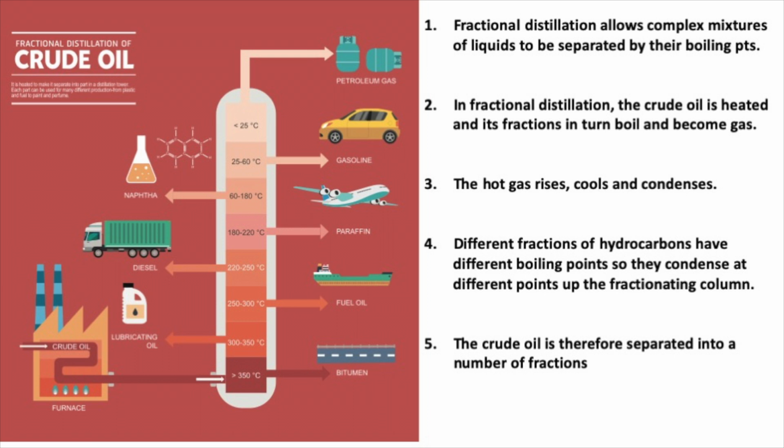The different fractions include the petroleum gases, which are used for things like camping gas, and the gasoline or petrol fraction, which is used for fueling cars, the paraffin fraction, which includes kerosene, which is used as jet fuel, the fuel oil fraction, which is used for fueling tankers and ships, the bitumen fraction, which is used for tarring roads, lubricating oil fraction, diesel fraction, and the naphtha fraction, which is used to produce lots of very important chemicals for the chemical industry.